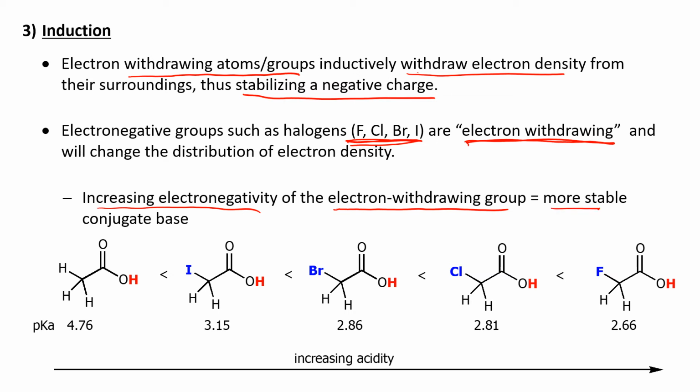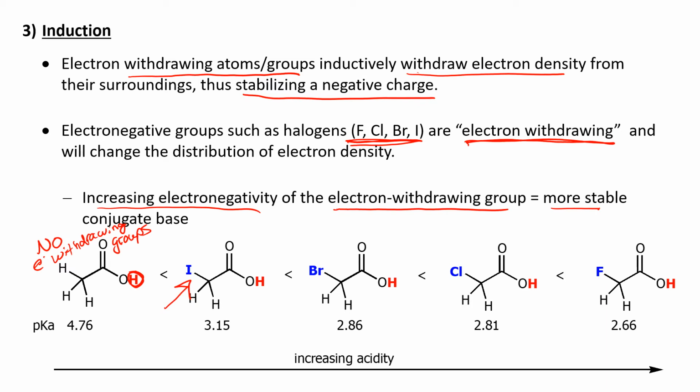So we have an acidic proton with no electron withdrawing groups. When we move to the next molecule, we have an iodine.